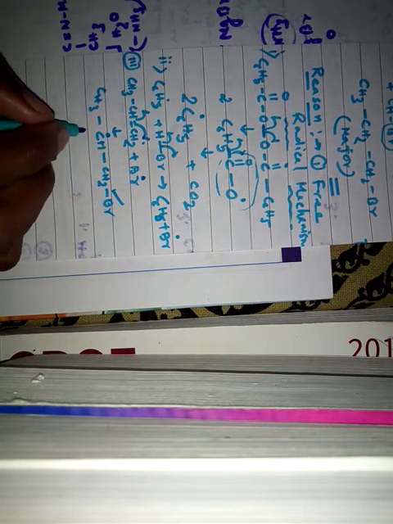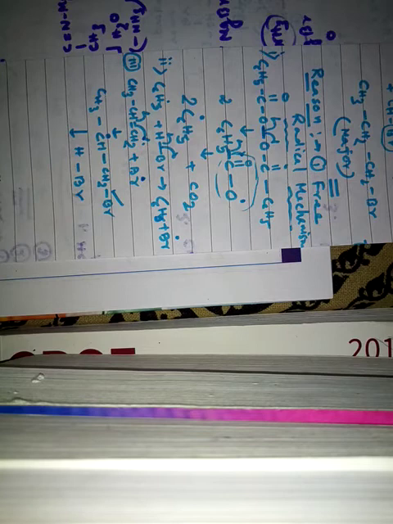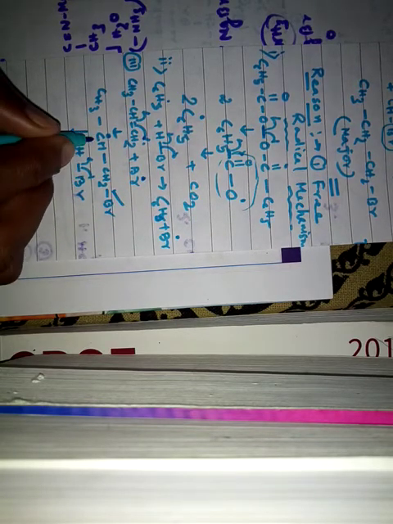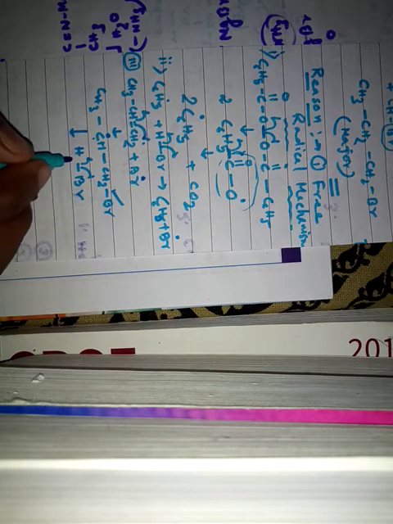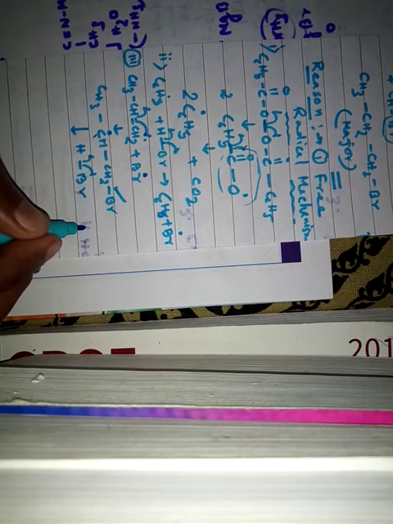And in the next step, HBr reacts with it and this bond will break. The H will attach to the carbon radical, and Br will be in the form of a radical.